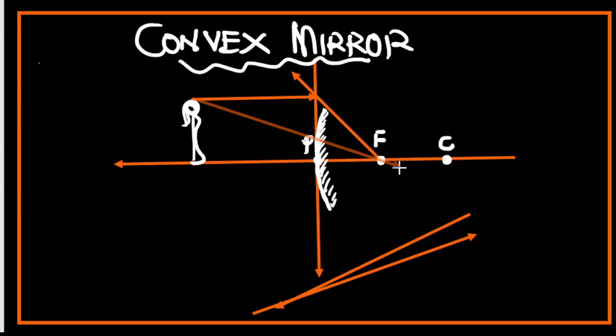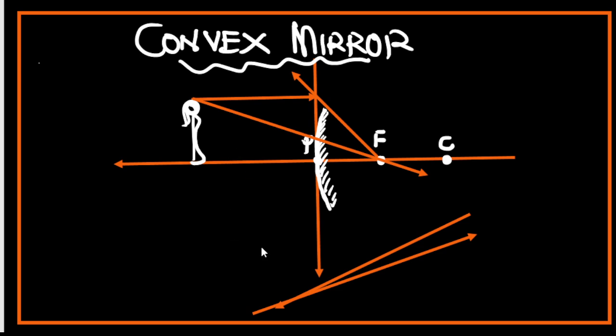But don't forget that it's not a lens. It's not going to go all the way here. I will draw it as though, okay, let me do it like this so that you understand it. But it's not going to be extended up to that point. It only seems to be extended to that point. The ray will go like this, and after getting here, it will get reflected parallel to the principal axis.